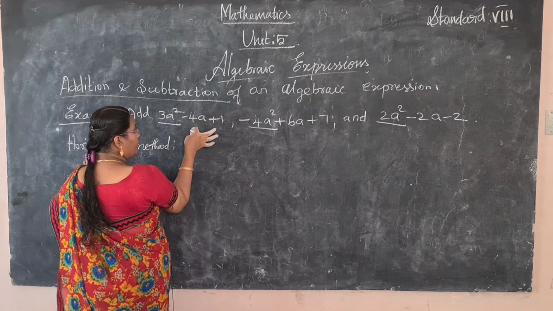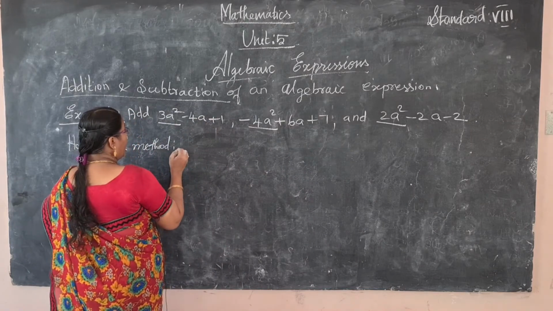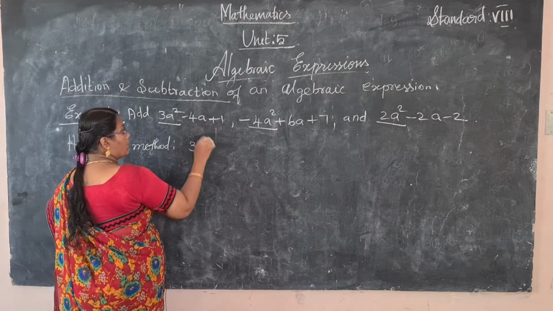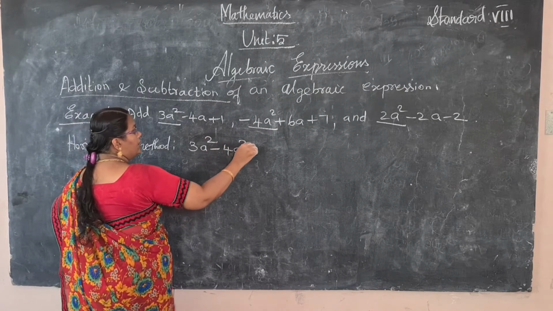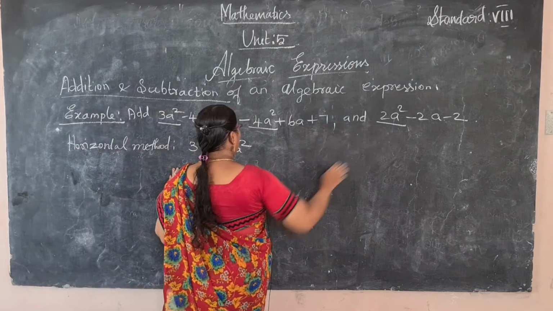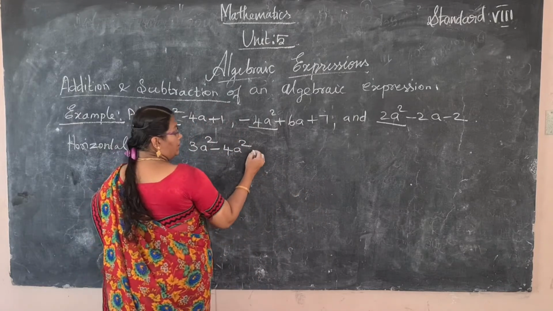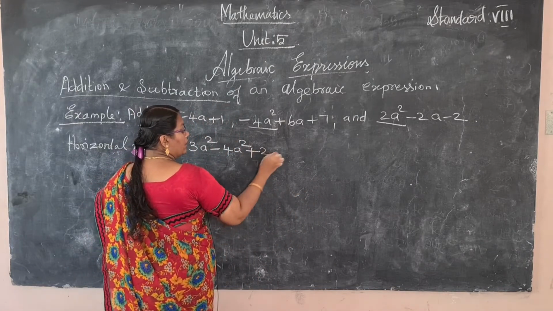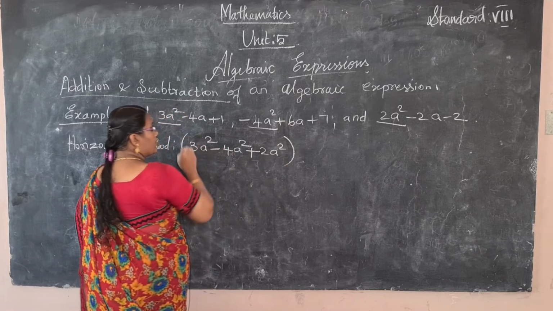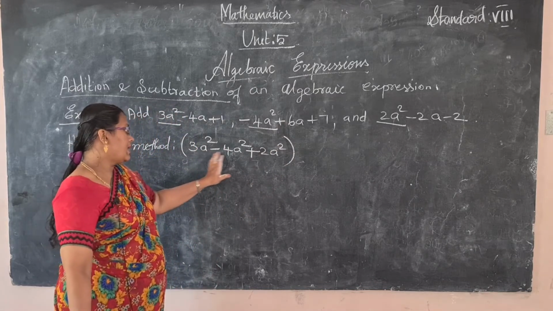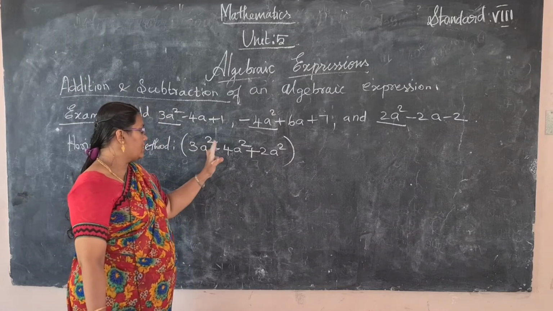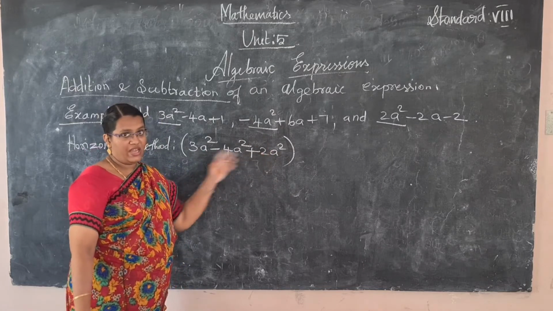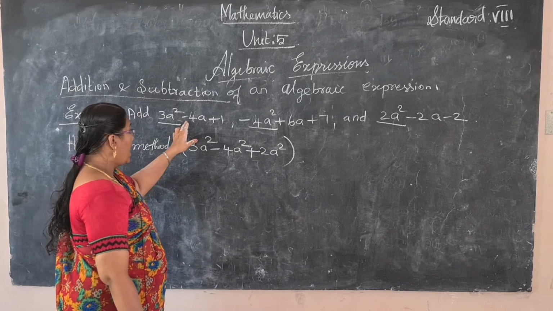From the first algebraic expression I write 3a square, next minus 4a square, and from the third expression plus 2a squared. These are the like terms, is it? The same literal numbers, a squared, a squared, a squared, same variables. And next add.